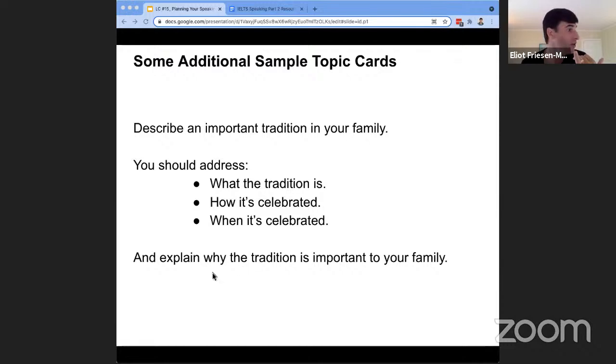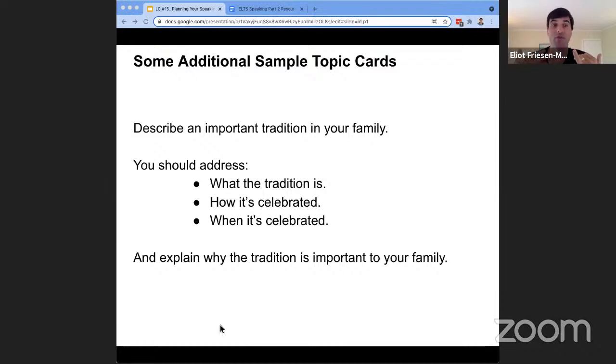Your goal should be to have at least one or two good reasons why the tradition is important in your speech. And so a good idea would be to have a keyword or some little phrase to remind you of the reasons why down here, because those are the main things you want to keep track of.